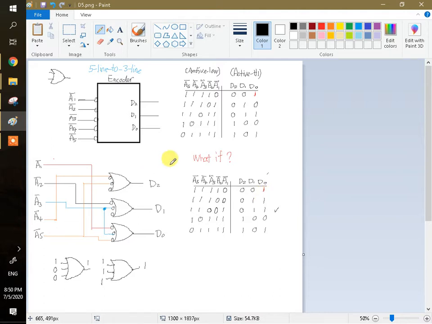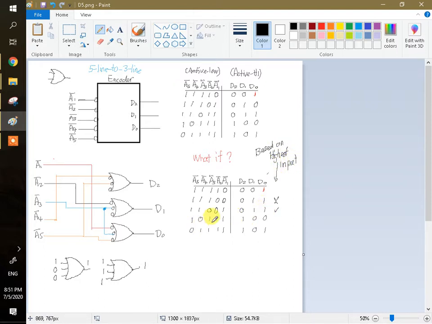This will become 1 because of the first row: when 0 here, you get 1, when 0 here, you get 1, when this one, you get 1, 0. So we get 3. If the user presses these two together, 1 and 2, and we decide to select the highest one, A2, this is not binary code for 2. So this is wrong. This is based on the highest input.